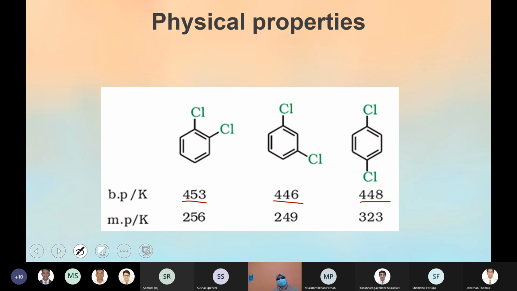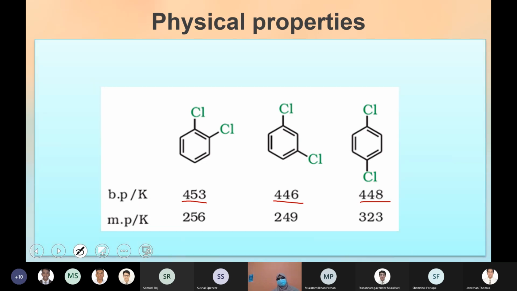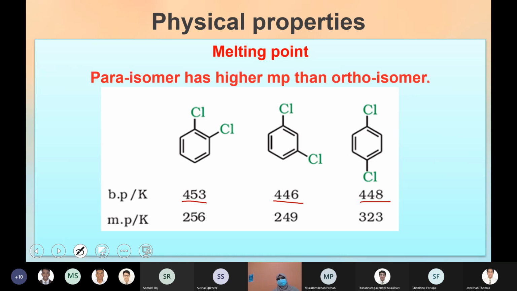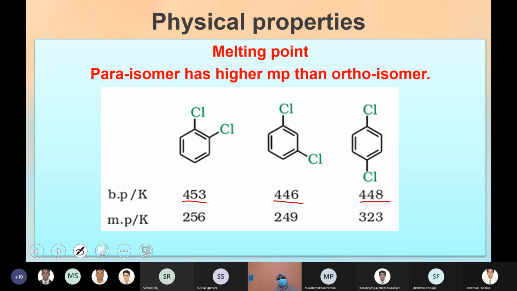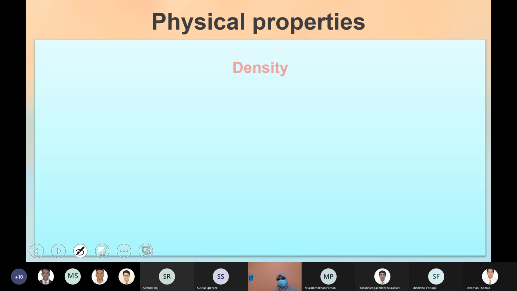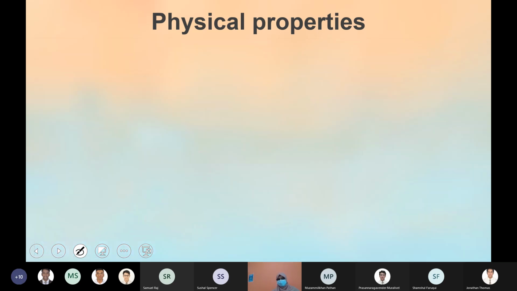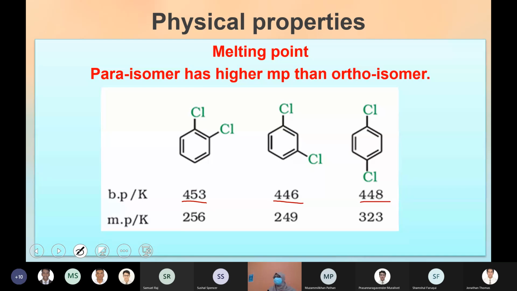What do you think will be the reason? For haloarenes, you can write the reason: para isomers will always have a greater value in the case of melting point.